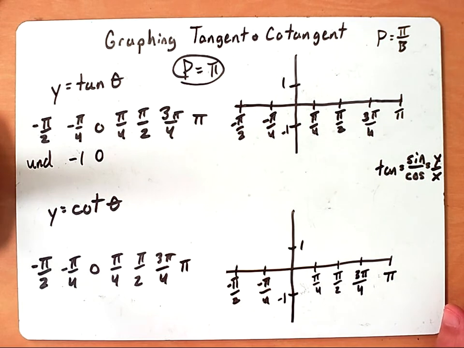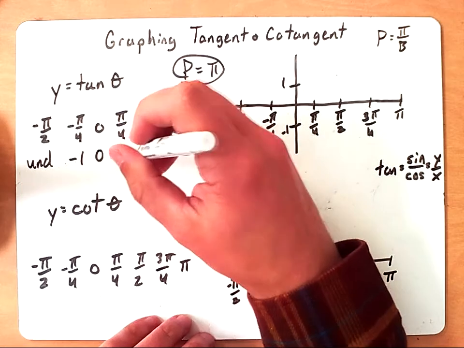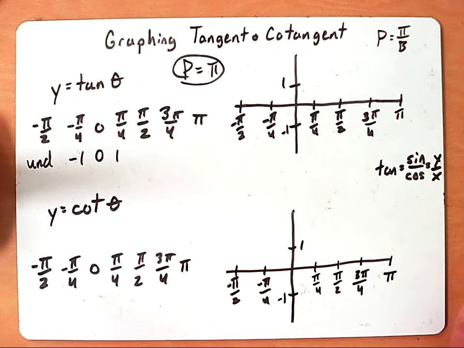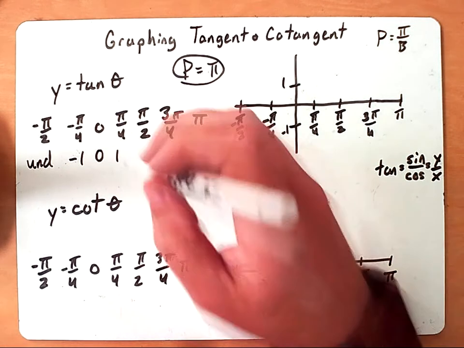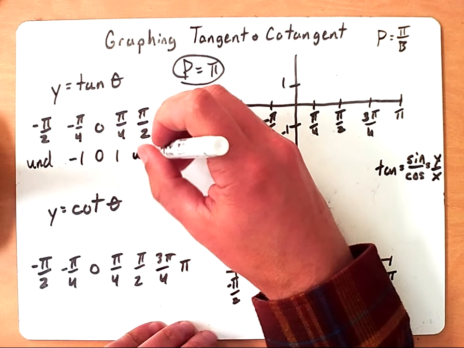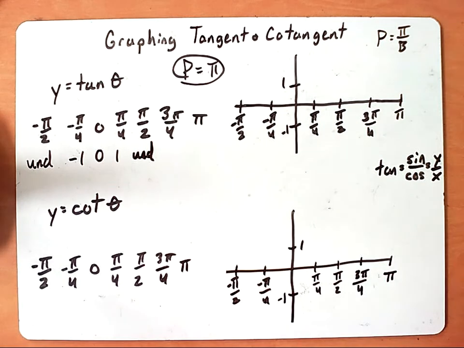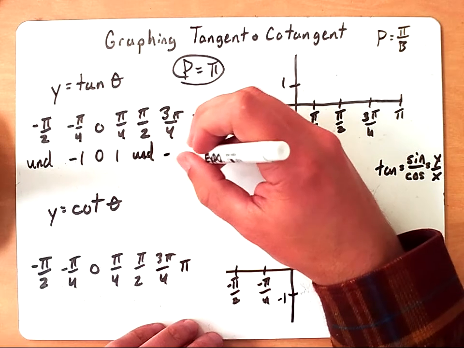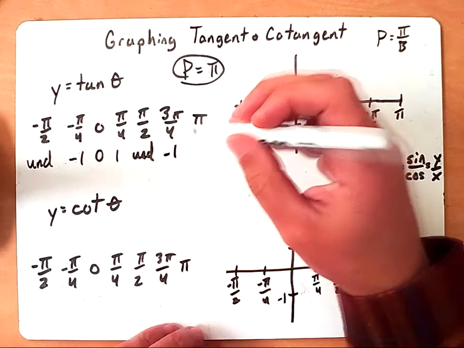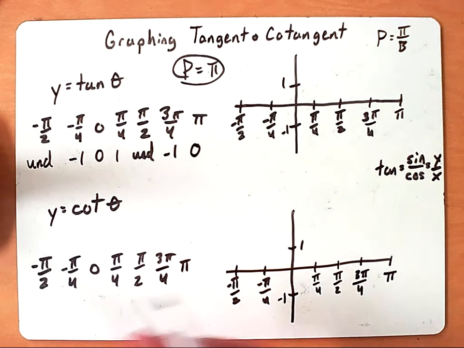At pi over 4, 45 degrees, we'd see that our tangent is 1. At pi over 2, we would have that our tangent is again undefined. At 3 pi over 4, you would have negative 1. At pi, you would have 0, and this would keep on repeating in either direction, just like sine and cosine. It does not end. It continues along the x-axis forever in either direction.